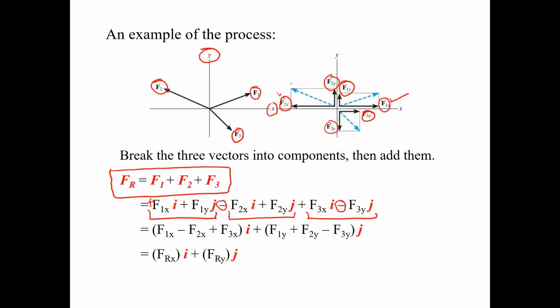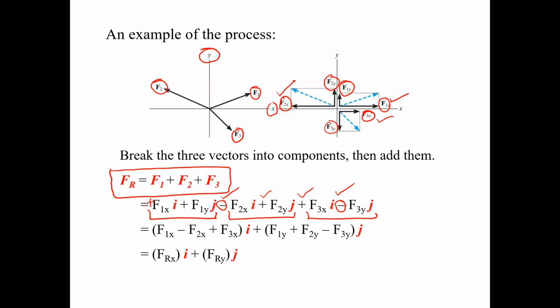F2x, this guy is negative x direction, so that's why we have this negative. F2y is positive y direction, so we have a positive. F3x, this guy, in positive x direction, so that's why we have a positive. F3y is in negative y direction, so that's why we have this negative, right? So that's how we use these positive and negative signs depending on the direction of these components.